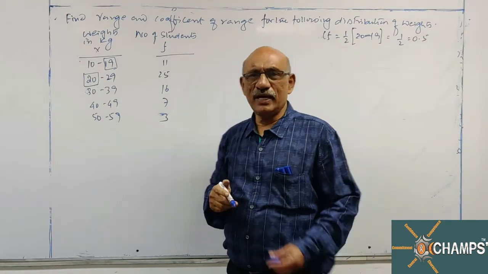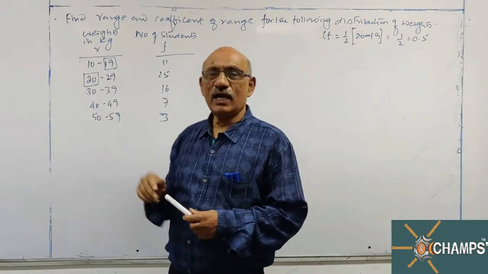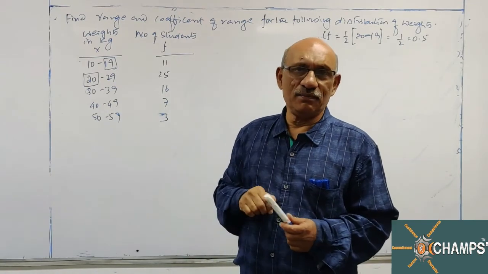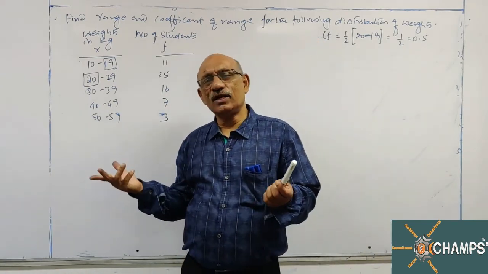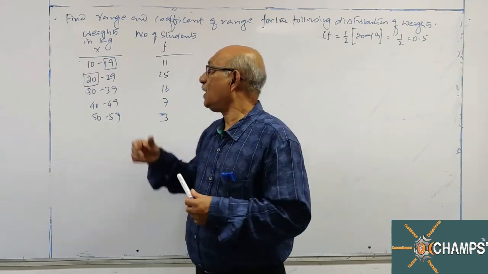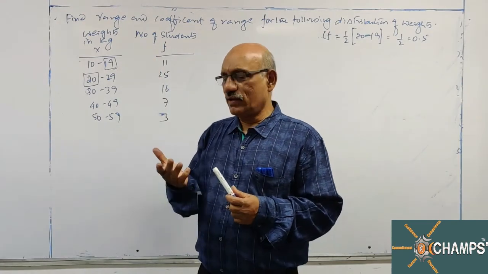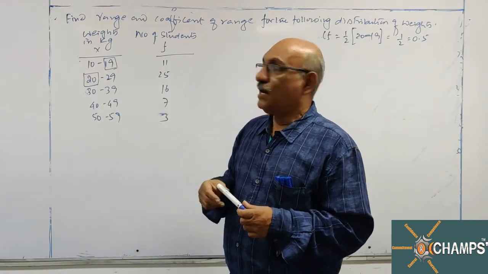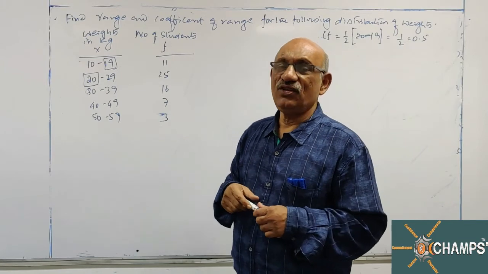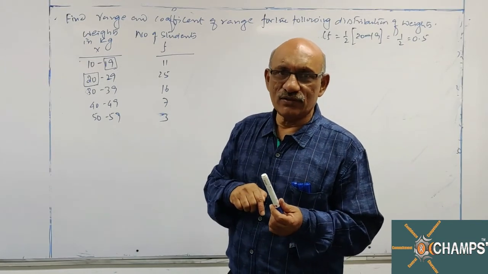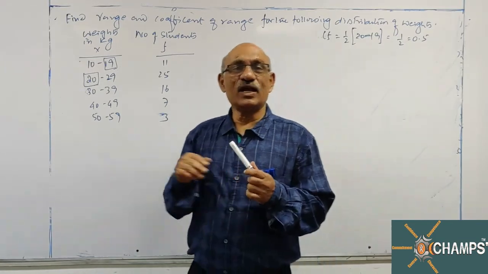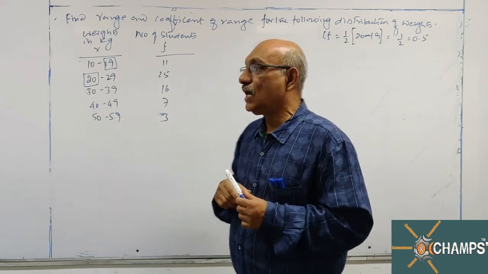One more time I am repeating this point. It is a continuous series of inclusive type. First I have to convert this into exclusive type, because when it is inclusive I get class limits, but the calculation of my range is dependent on class boundaries. Therefore class limits are converted into class boundaries.